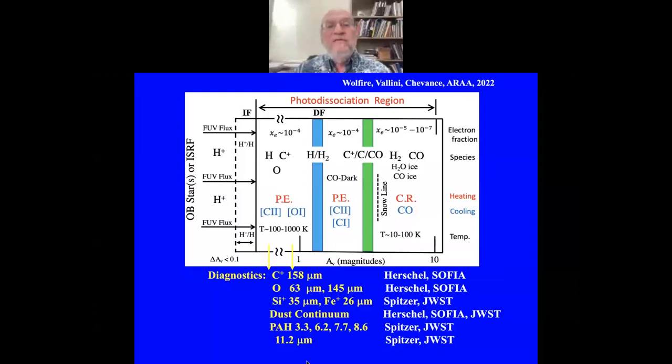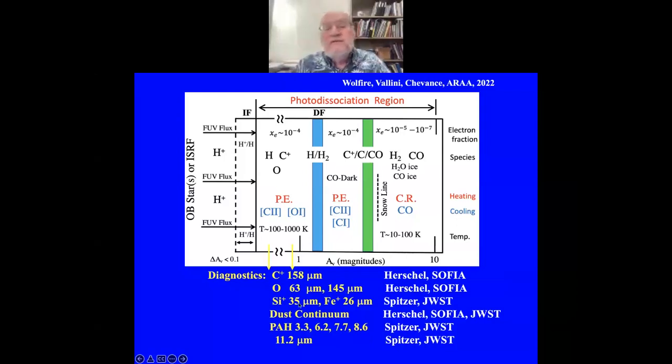Then deeper into the cloud, this is where the neutral gas starts. There's hydrogen and neutral helium. There's ionized carbon and neutral oxygen. The heating is mainly by grain photoelectric heating, and that's mainly from PAHs. And that photoelectric heating is balanced by cooling by C+ and O I fine structure lines.